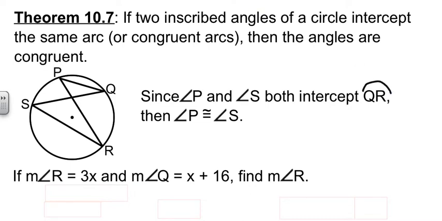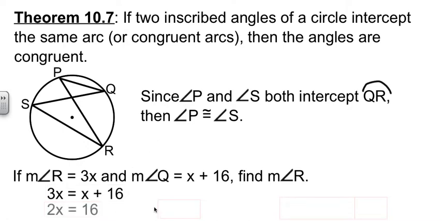Angle S also intercepts arc QR. Since they both have the same arc, the two angles have to be equal. And the same thing applies to angles R and Q. They both intercept this arc, so they are equal to each other.